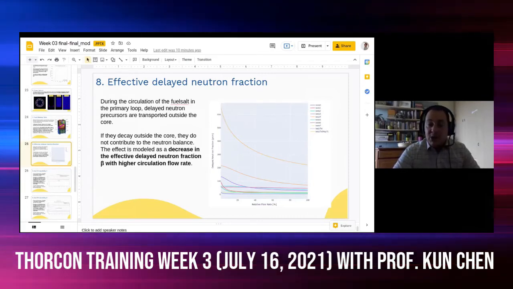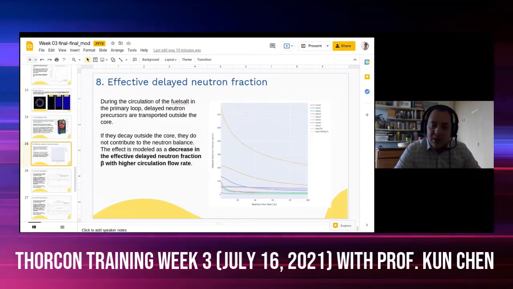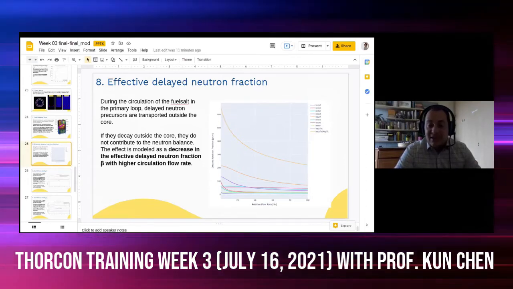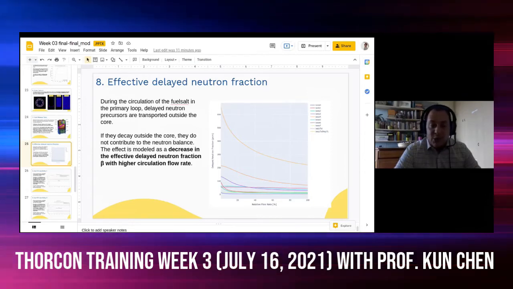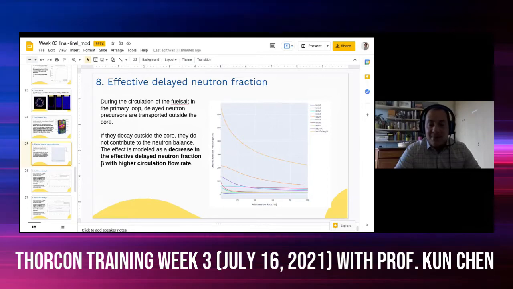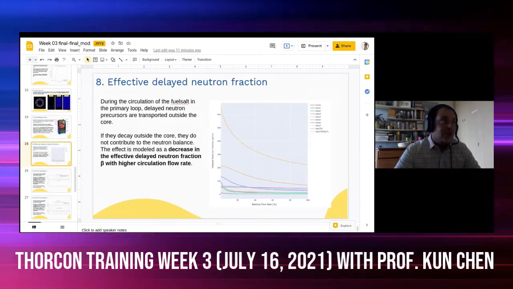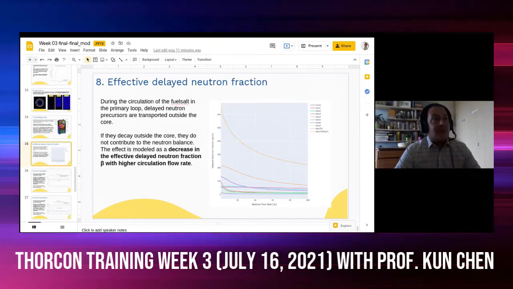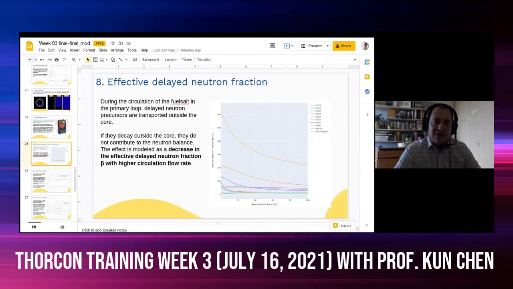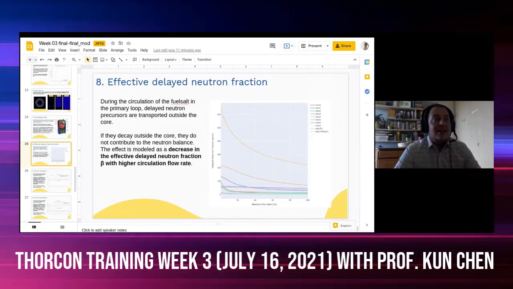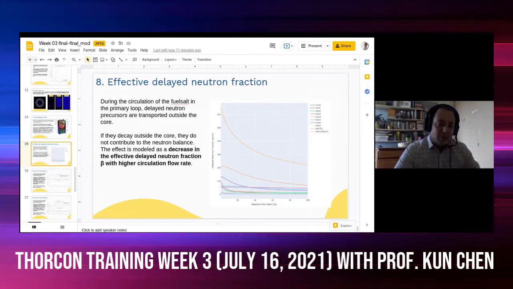They are actually not much lower than what we see in solid fuel fast reactors, in which the contribution of plutonium isotopes and minor actinides severely decreases the delayed neutron fraction. Nonetheless, what is peculiar is not the small value of the effective delayed neutron fraction, but the fact that the delayed neutron fraction effectively depends on the flow rate.